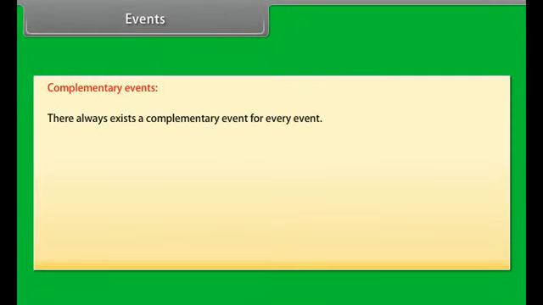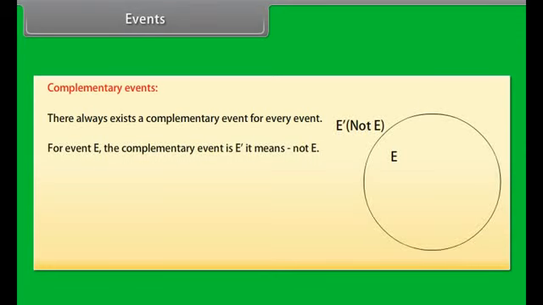There always exists a complementary event for every event. For event E, the complementary event is E dash, which means not E. P(E) plus P(not E) equals 1. P(not E) is equal to 1 minus P(E).